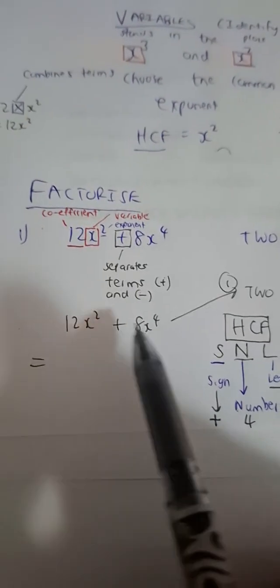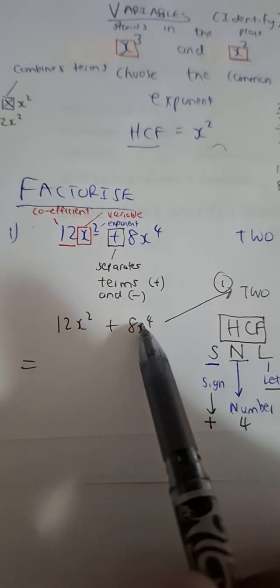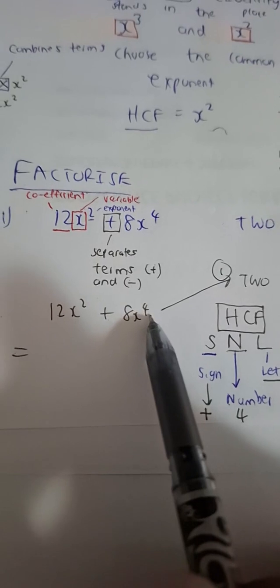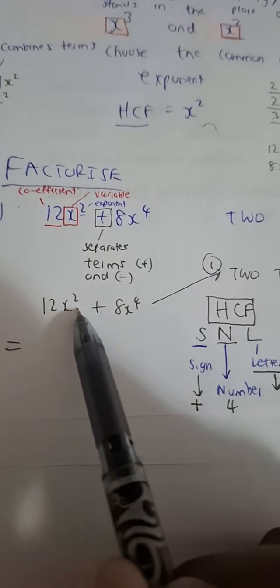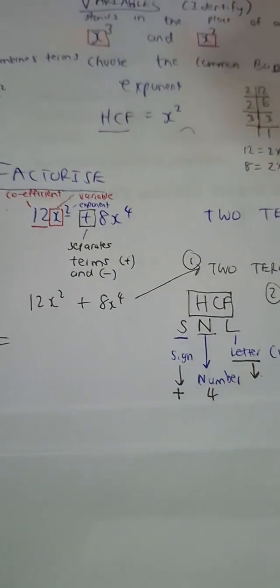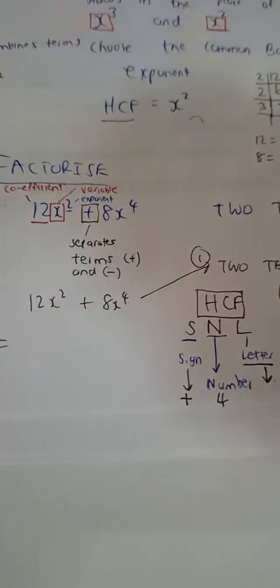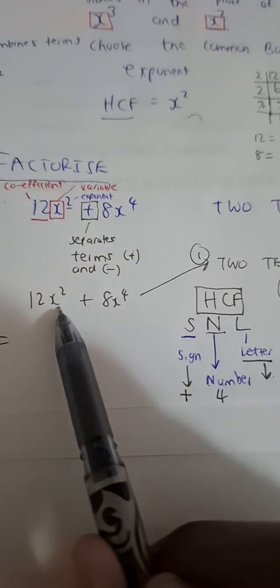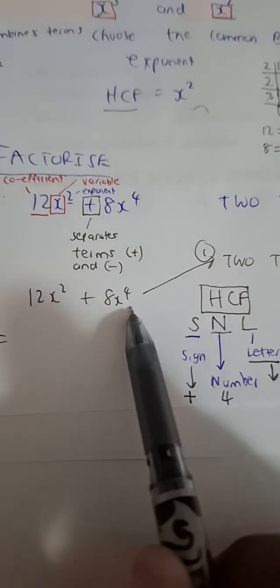So x squared and x to the power 4 are common bases. Which base has the lowest exponent? Is it x squared or x to the power 4? Because that will inform what my highest common factor variable or letter will be.